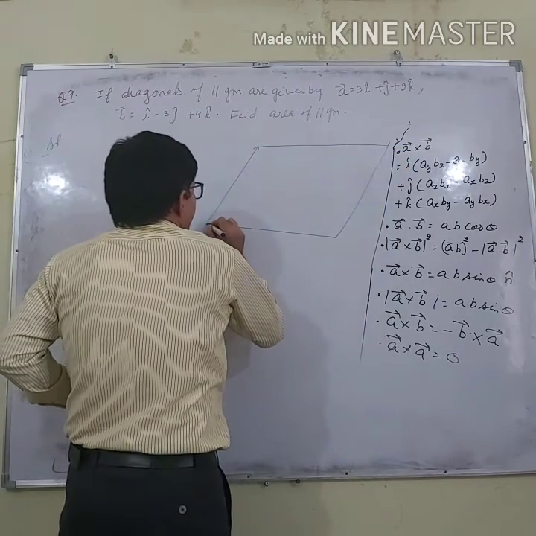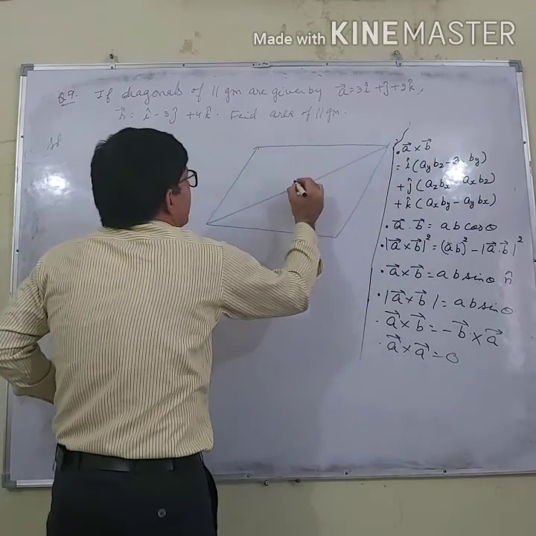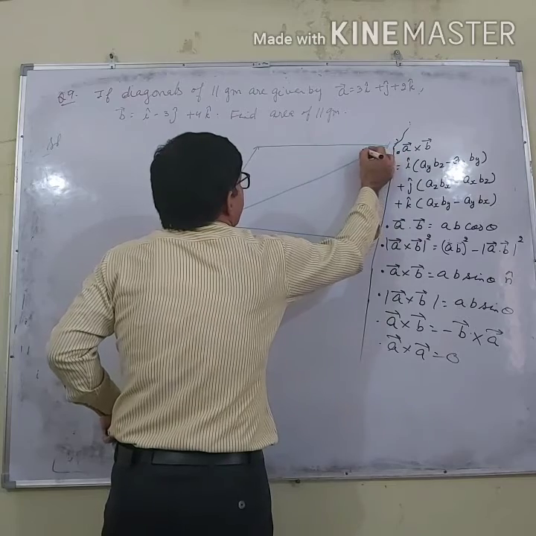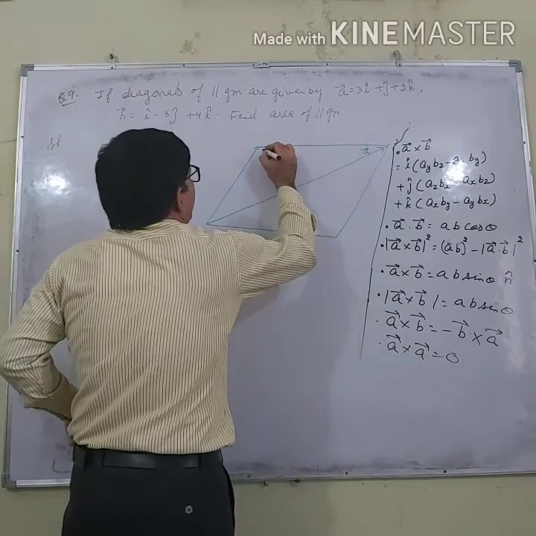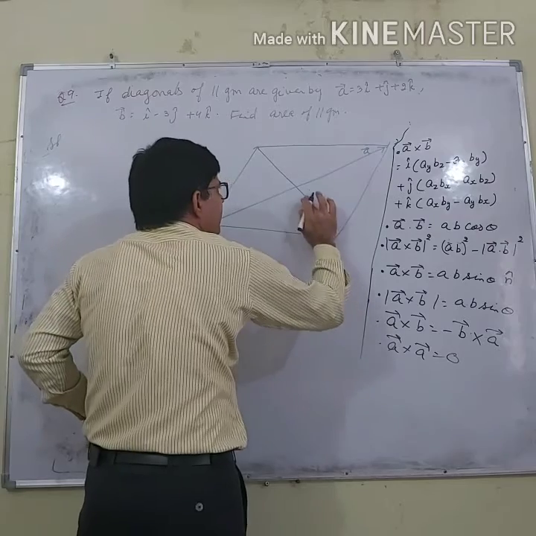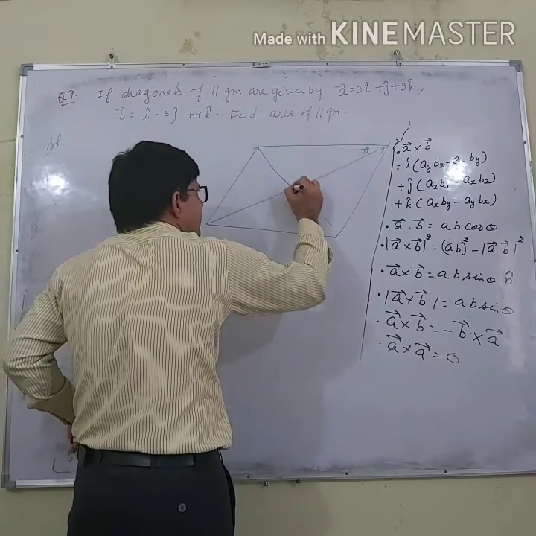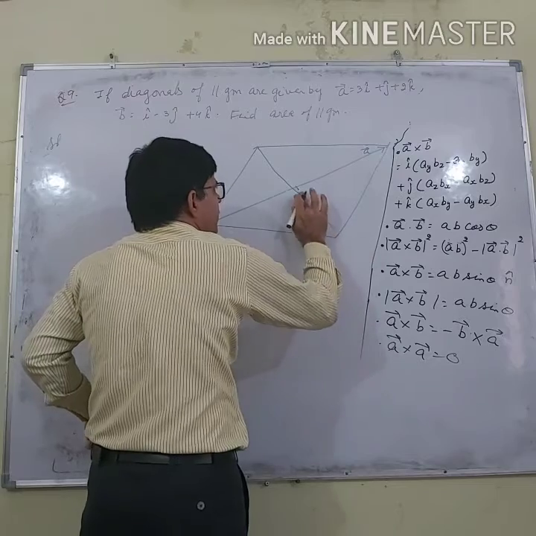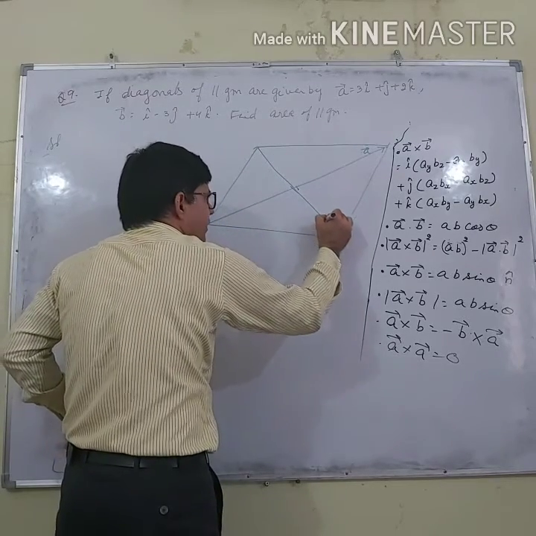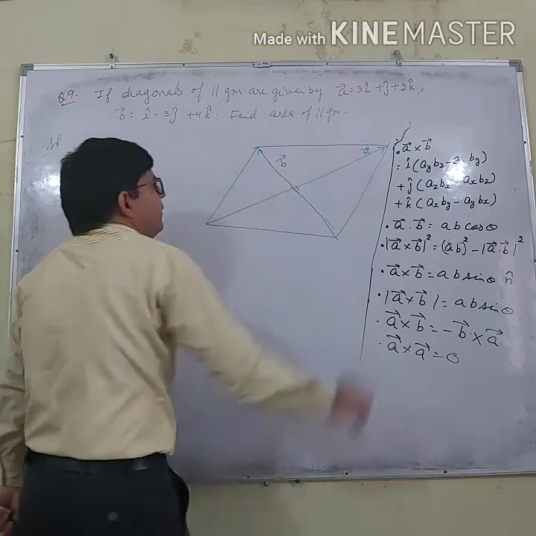What I am given is that this vector is a, and another diagonal is representing vector b.